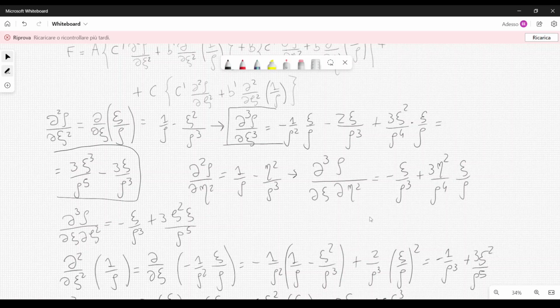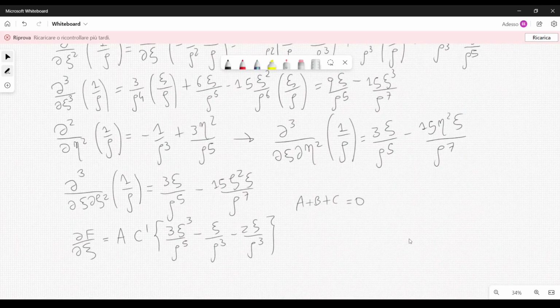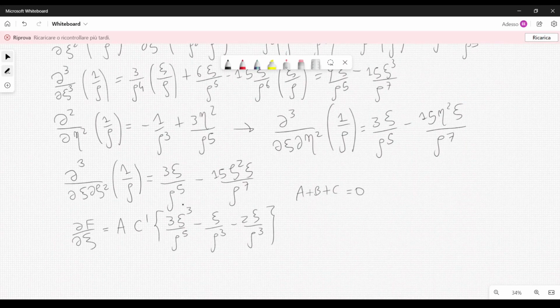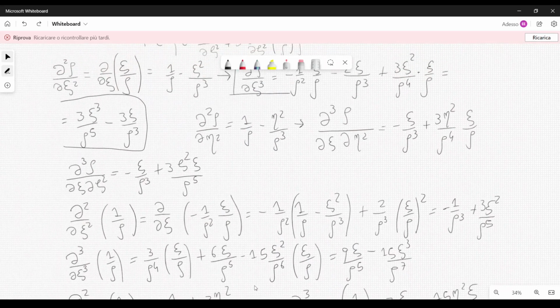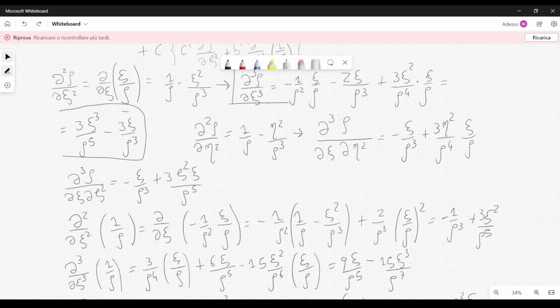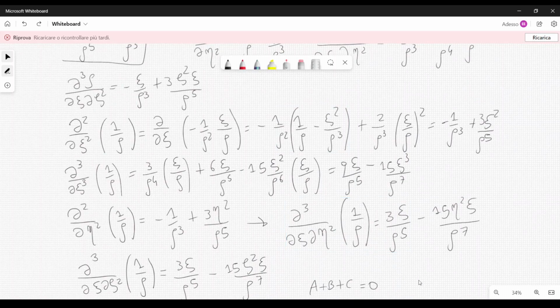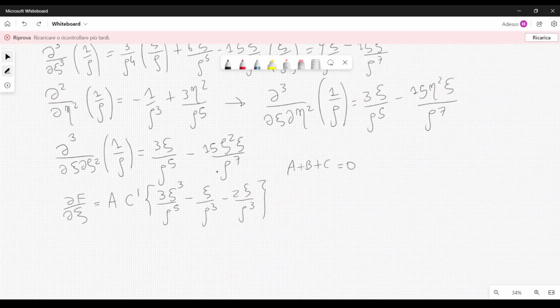As you can see, I have put 3 xi cubed over rho to the 5th power, and then I have rewritten the second term here by splitting it into two parts. So it's minus xi over rho cubed minus 2 xi over rho cubed, which is of course minus 3 xi over rho cubed, but it was convenient to rewrite it in this manner.